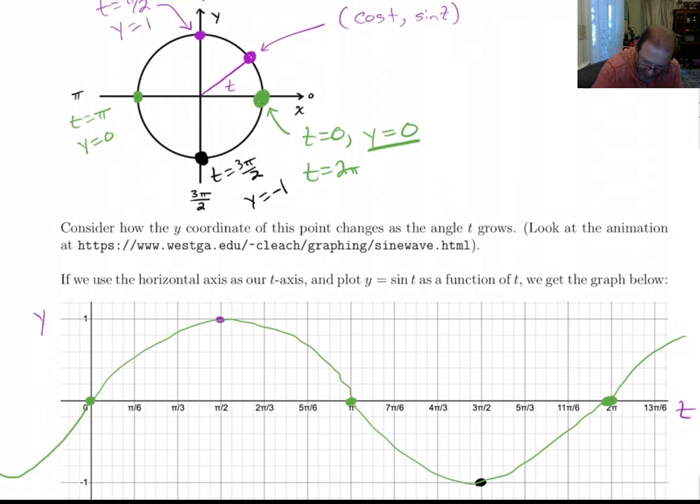Now, if we do cosine, I'm going to do cosine quickly. We would just look at the x coordinates of these points as we go around the circle. So this first one has an x coordinate of 1. Up here at pi over 2, the x coordinate is 0.